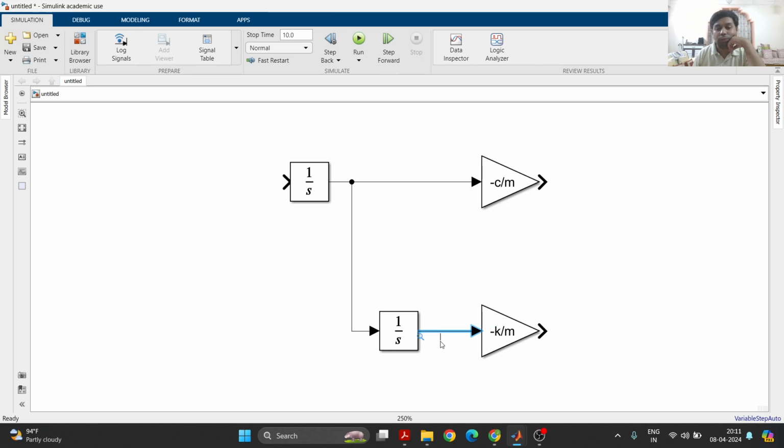So we can say here is x, and this is, let us say, x dot.